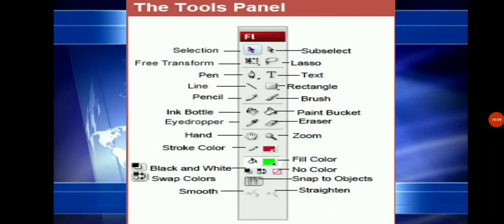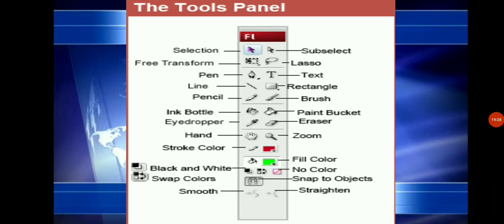Okay. Next, let's move on to the tools panel. A tools panel contains the tools used to select objects on the stage, create text elements, and draw vector graphics.